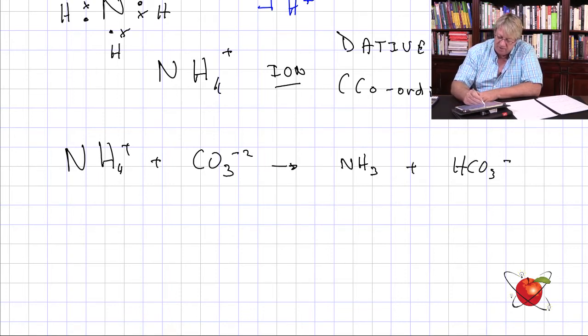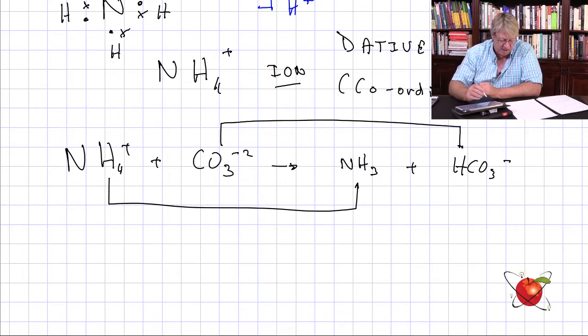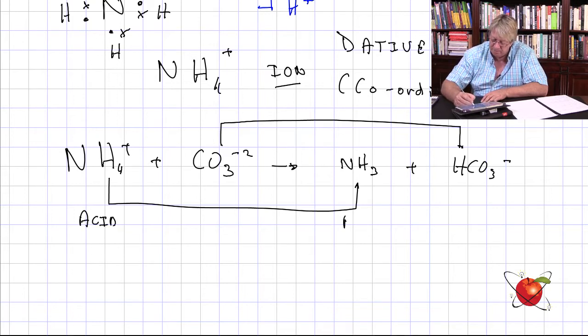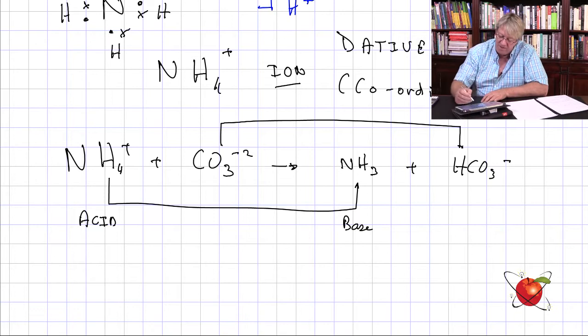The proton from the NH4 has gone. So essentially this was the donor of it, so it was the acid, and this is then the base form. Therefore this HCO3 minus must be the acid form up here, and this must be the base.